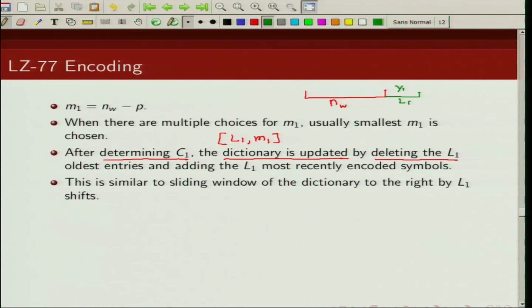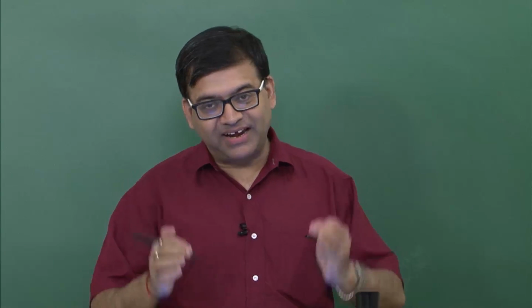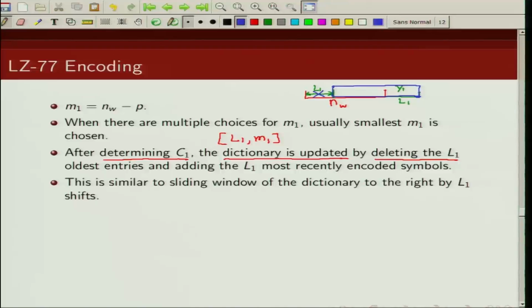I am going to remove these L1 oldest symbols from the dictionary, and my new dictionary is now this. Note, my dictionary size remains the same, it's just sliding. My dictionary size is still NW. I deleted these old L1 symbols from the dictionary and instead added the new L1 symbols corresponding to the substring Y1.